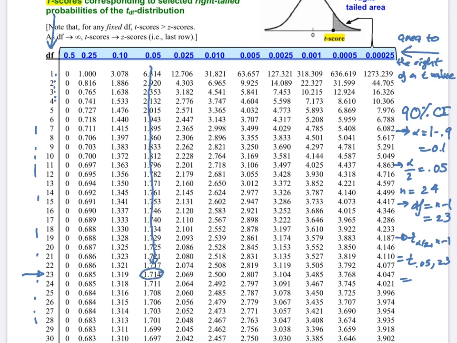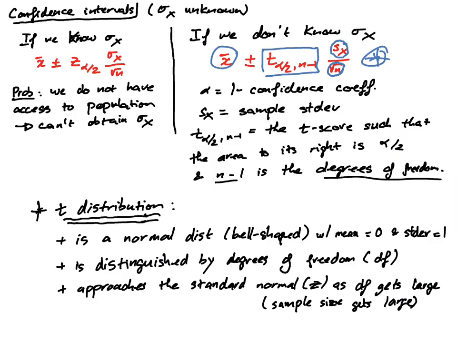It's 1.714, and so you would just plug this t value into your formula and then calculate your confidence interval.